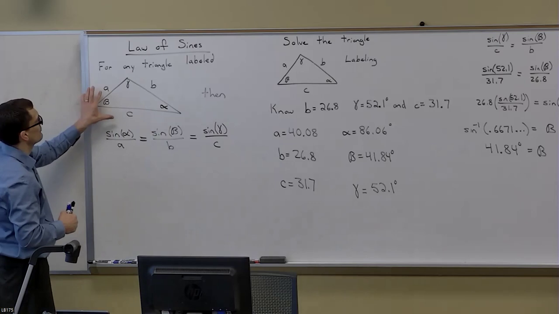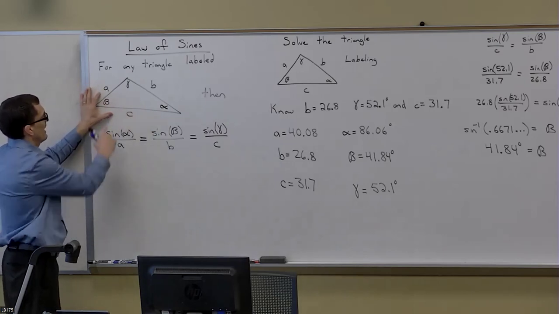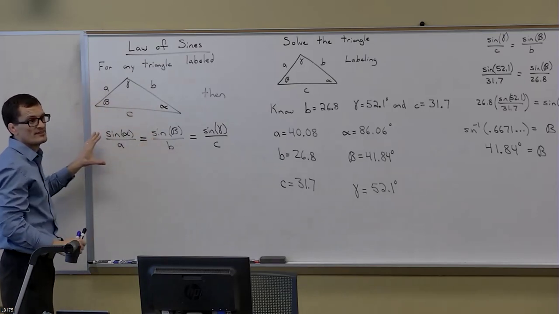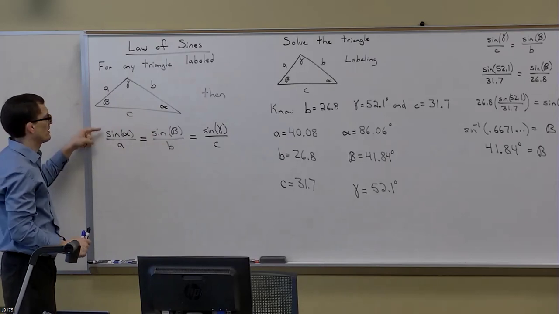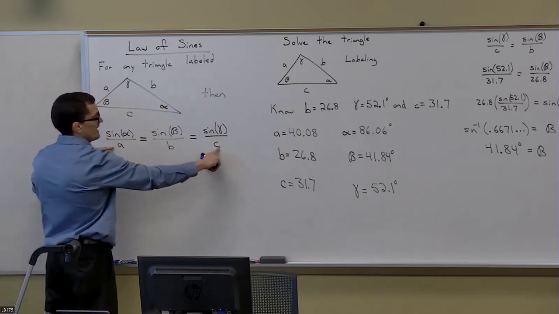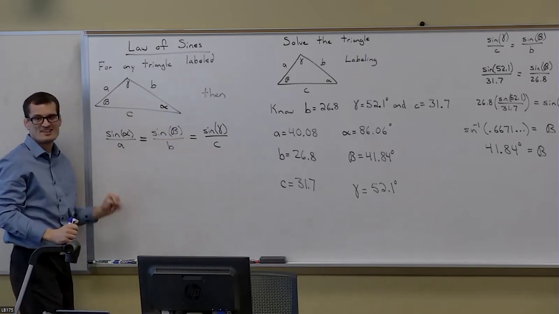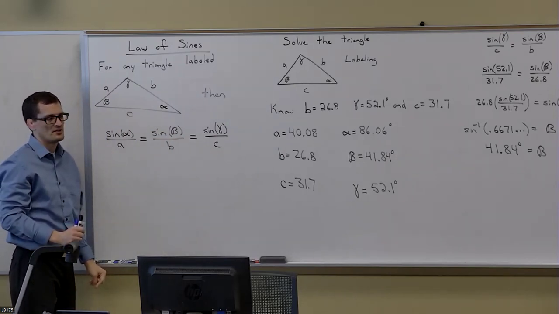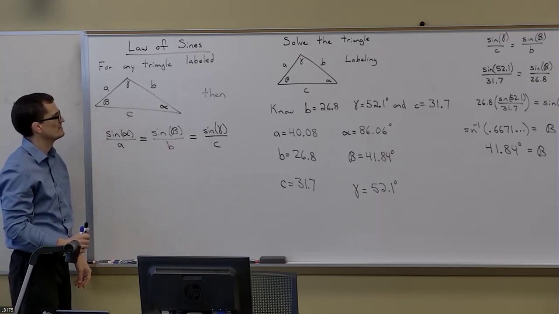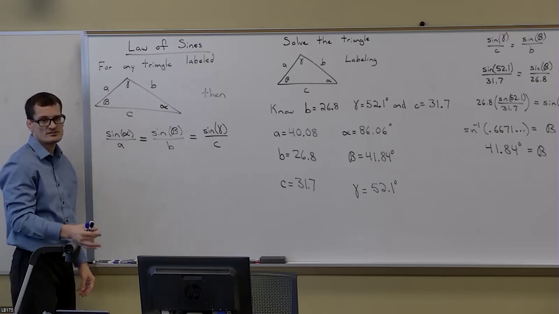If you're given two sides and the angle in between, let's say I'm given A and C and then the angle beta, the law of sines is going to be hard to use because if I have the A, the C, and the beta, I get one item from each ratio. And that's something we'll have to overcome. The way we overcome that is with the law of cosines. You'll see that in a minute.